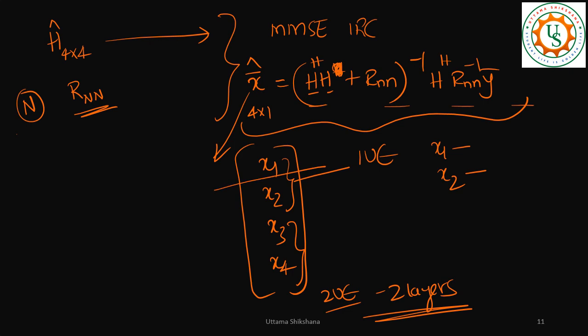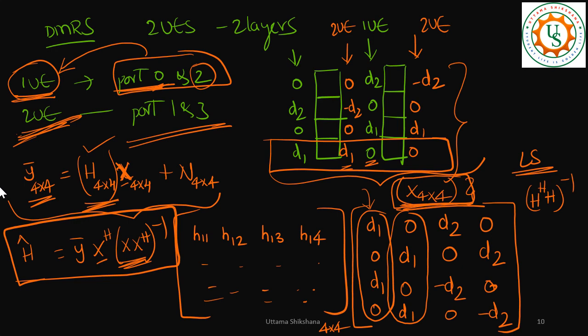This port allocation would be known to both transmitter and receiver. That's how we will know which data is which. Otherwise, we will just receive a Y bar, and in this Y bar we will not be in a position to figure out which data is where. That would be known only by allocating the DMRS in a certain way and decoding the data.